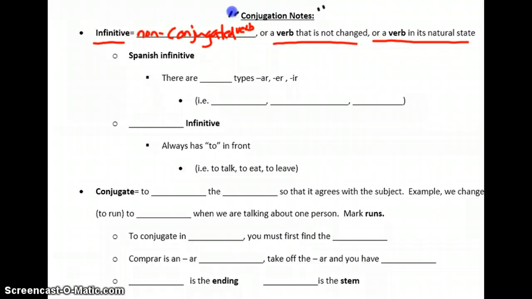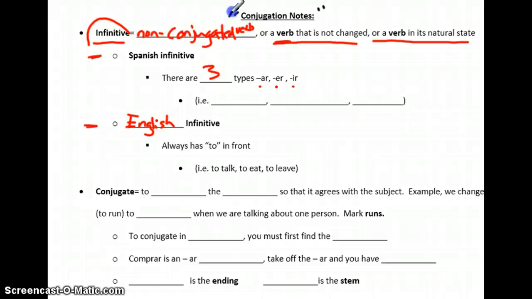So, what you really need to understand right now is that an infinitive is a verb, and this is Spanish infinitives, this is English infinitives. So I'm going to talk to you about both of them. In Spanish, there are three types of infinitives: AR infinitives, ER infinitives, and IR infinitives.